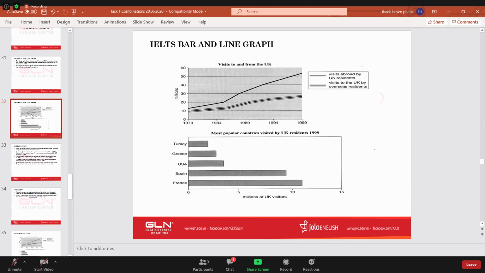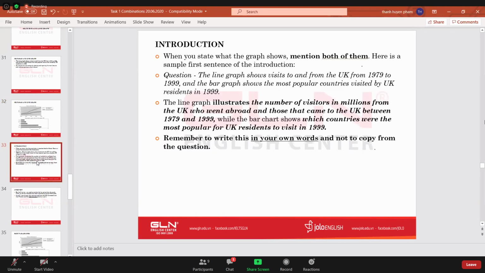And then when it comes to most popular countries, France is clearly the most popular, Turkey the least popular. But there are significant differences when comparing each of these countries. So the line graph is dynamic and the bar graph is static. So when you state what the graph shows, mention both of them.